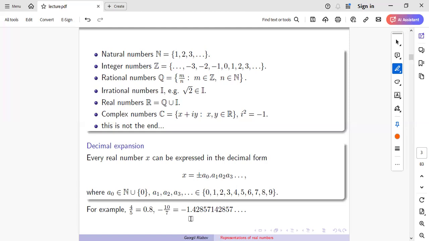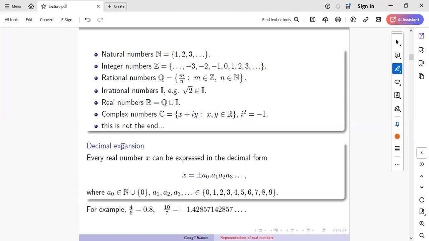Its part after the dot, 142857, repeats, 142857 and so on. In fact, for every rational number, its decimal expansion is either finite or infinite but periodic.